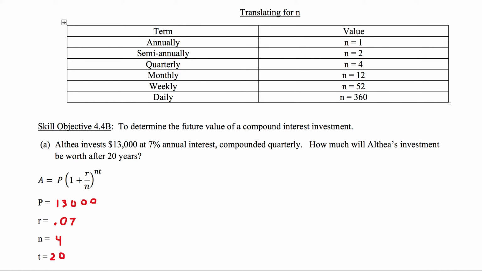Now, once we've labeled all of those values, we're going to plug into our formula. So our formula is going to look like this: we're going to have A, that's what we're calculating, that final amount. And then we're going to plug in for our P first, so that's going to be the 13,000.